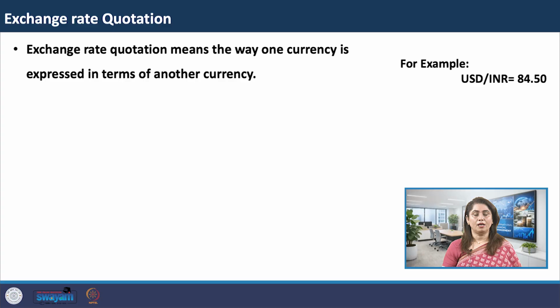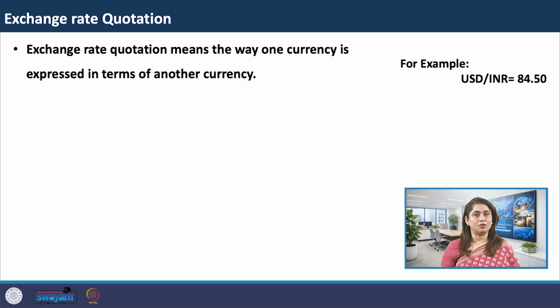Let us begin. Before we go into the details of each quotation method, let us first understand what we mean by the term exchange rate quotation itself. An exchange rate quotation simply means the way one currency is expressed in terms of another currency. That is the core definition. It is not about what drives the exchange rate, not about why the rupee is stronger or weaker today.